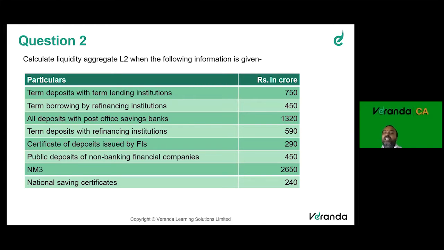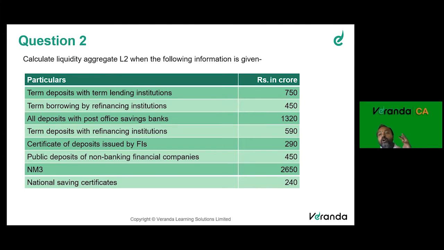Predominantly, M1 speaks about the currency notes and coins with people, along with demand deposits with the banking system, both current as well as savings deposits, plus other deposits with Reserve Bank of India. Who can have an account with the Reserve Bank of India? Only the banker, because it is a banker's bank, so the public cannot directly deposit money with RBI.